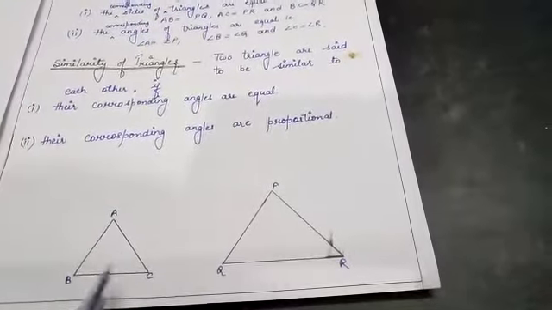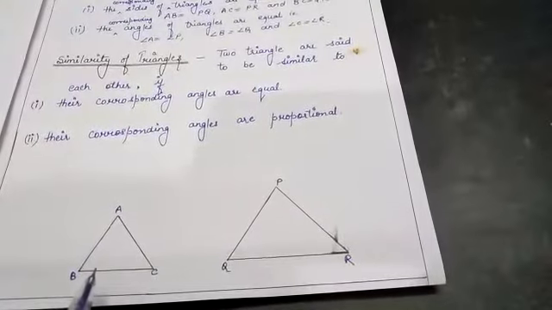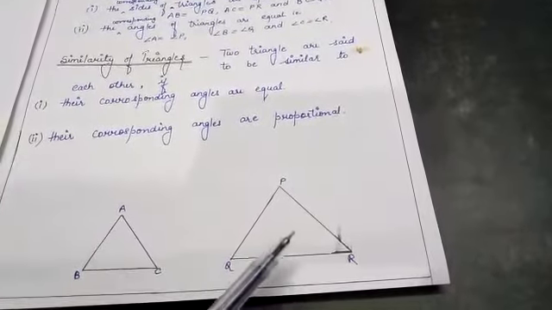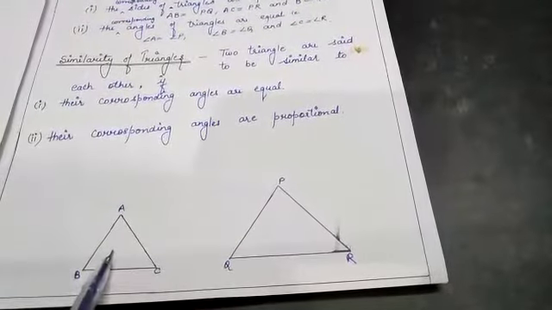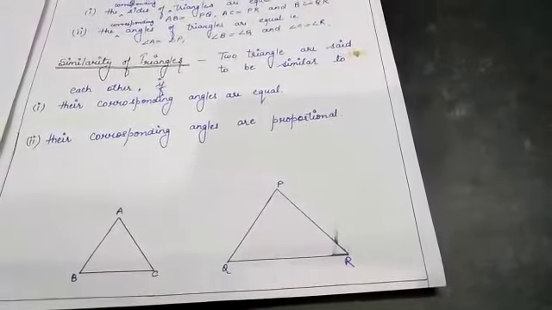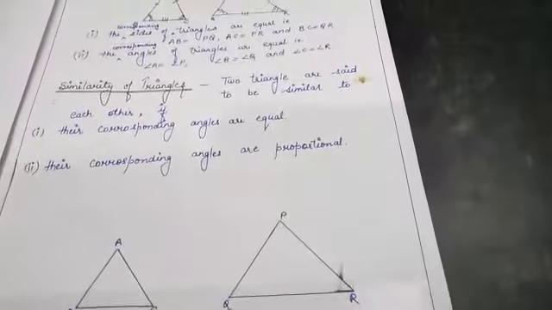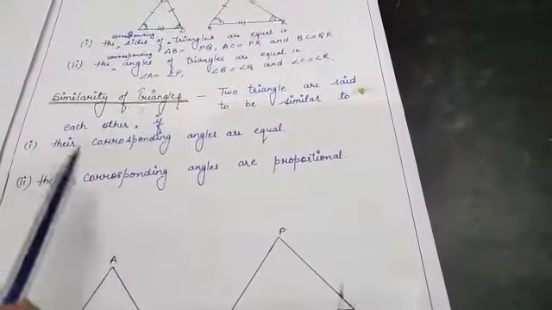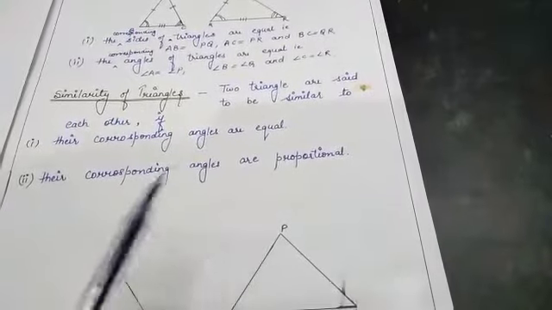See here, the shape of the triangle is the same, but their sizes differ. This is the smaller triangle and this is the larger one. So the first condition of similarity of triangles is that their corresponding angles are equal.